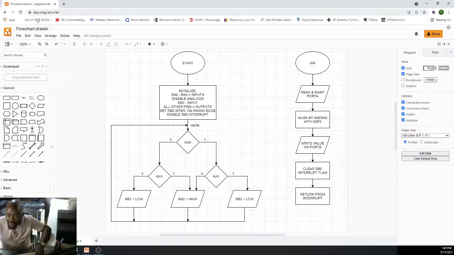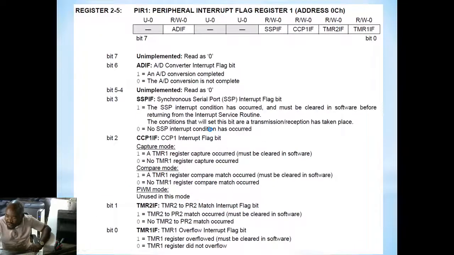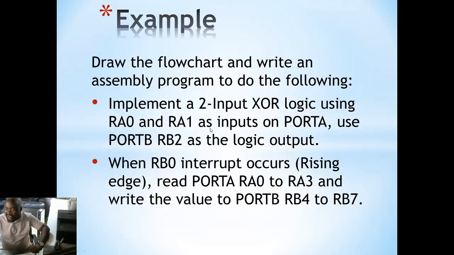So now we have created the flowchart. Let's go write the program as the example instructs us to. It says there, draw the flowchart and write an assembly program to do the following, where we need to read two inputs, A0 and A1, implement the exclusive OR logic, and send the output on RB2.